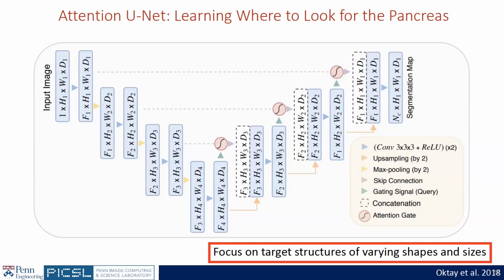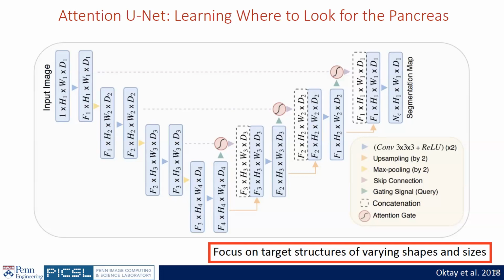So there was this thing called attention mechanisms, which tells the network that for a particular label, you should be focusing on this particular part of the anatomy or of the image, so that you are able to segment your particular region of interest.